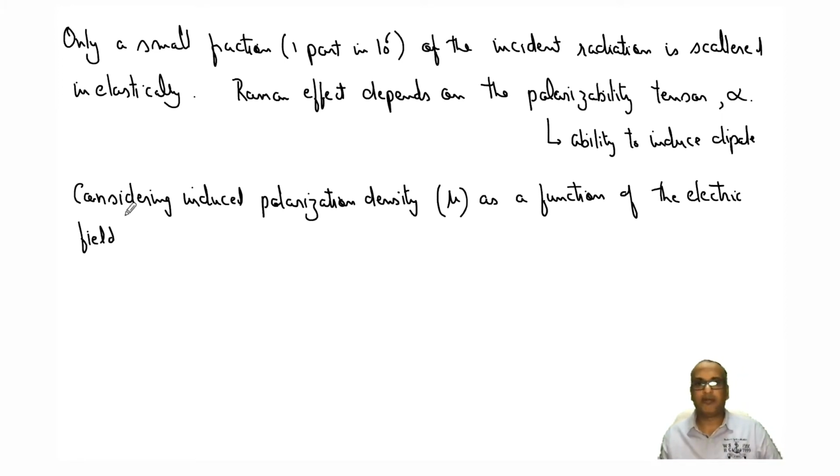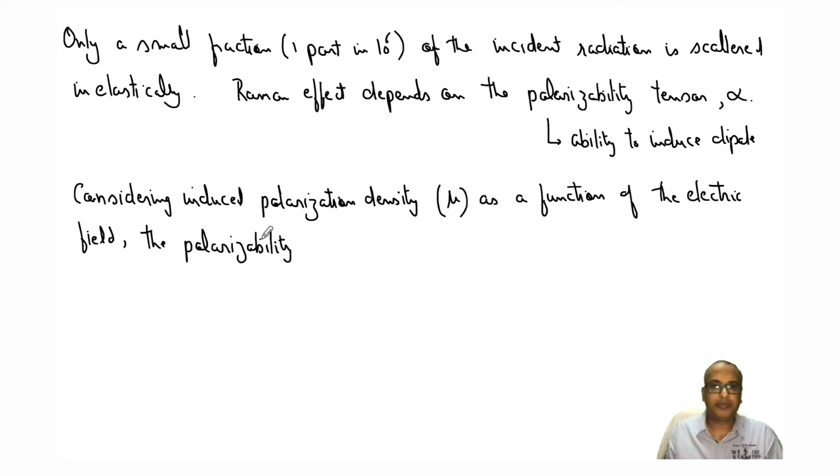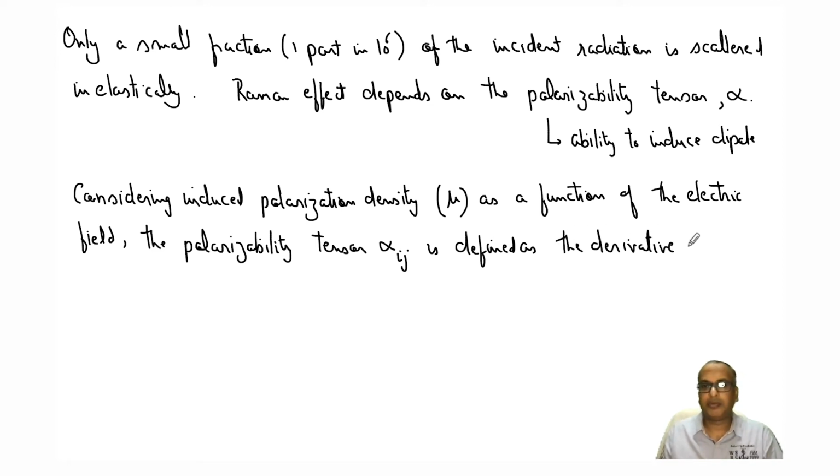I know there's a lot of writing here, but I think it is important to understand the different types of spectroscopy, so that in the later part of this application there is no confusion. The polarizability tensor alpha ij is defined as the derivative of mu with respect to E.